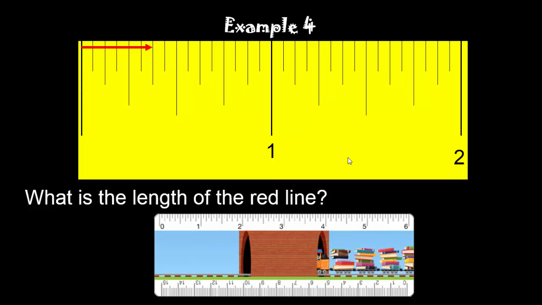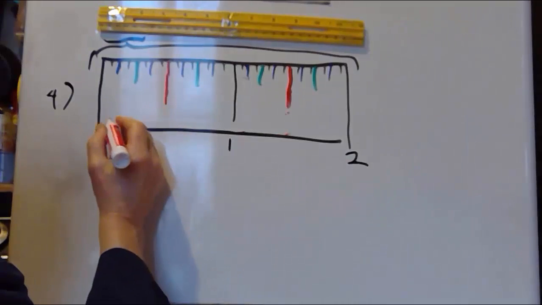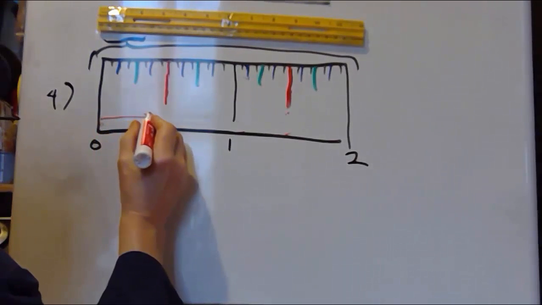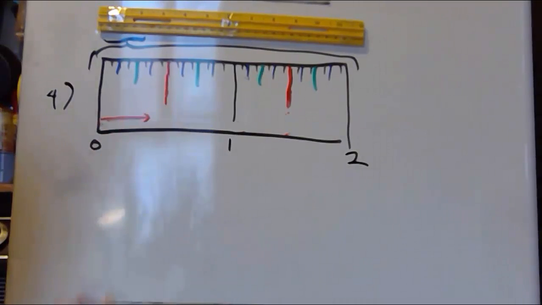In example number 4, we want to know what is the length of this red line. So let us go over to the whiteboard and do this one. Now for number 4, we see that the red line goes out to here where that blue line is, and we know that the blue lines represent 1/8 of an inch, so we want to see how many does that cover.